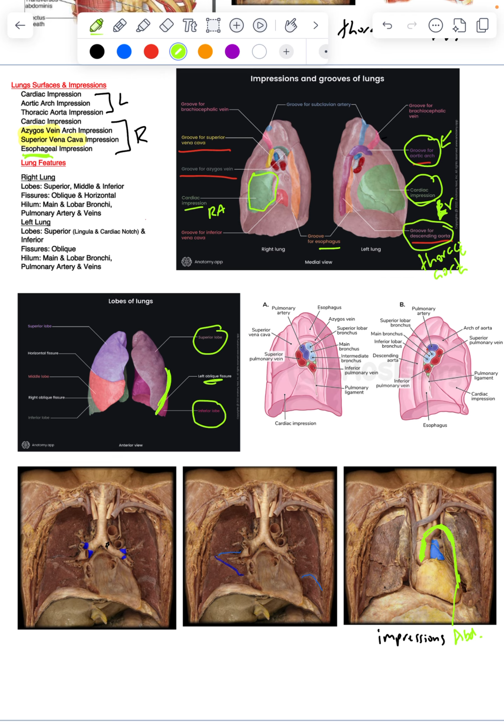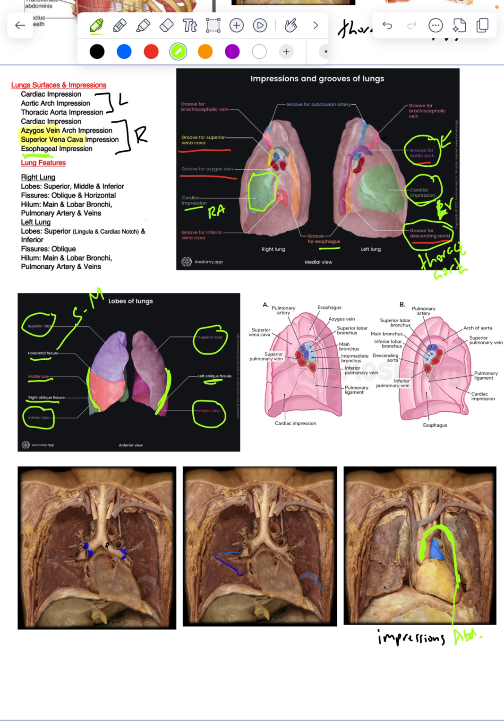So the right side will also have that as well. So you have superior and inferior. Now you have this oblique fissure. But the difference is now you have a middle lobe. So you need something to separate your superior from your middle. And that's your horizontal fissure, because it's more like horizontal or straight. So horizontal fissure separates superior from middle.